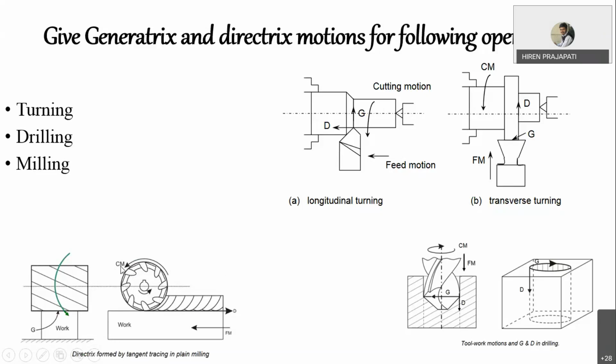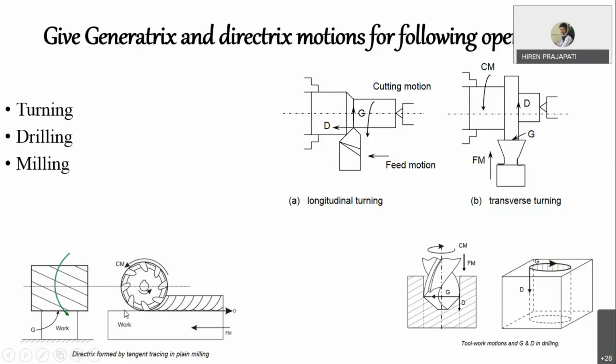This rotation of the milling tool is called the generatrix, and I want a flat surface. Then I move this multi-point cutting tool along the length. This direction is called the directrix. This motion is called directrix motion. Okay, so this is the front and this is the side view of the same.